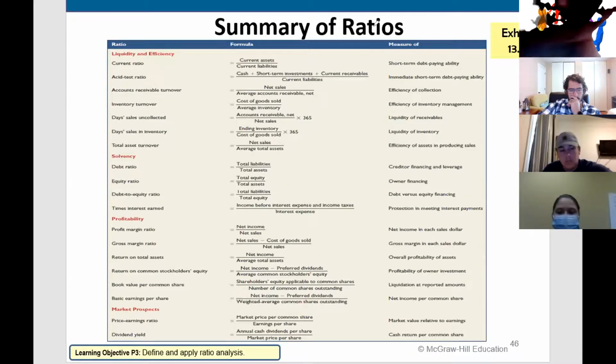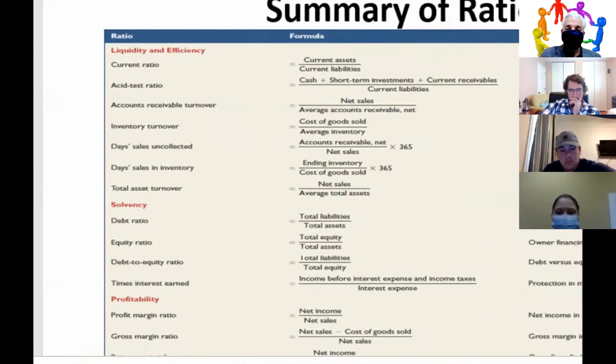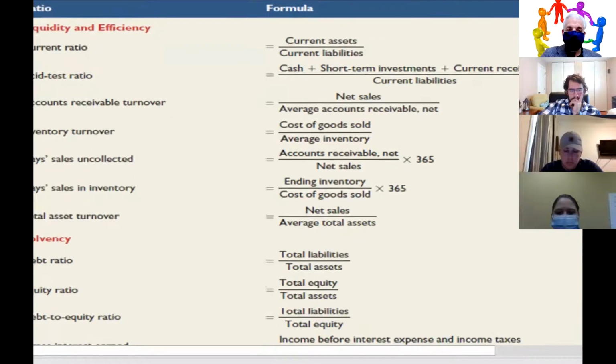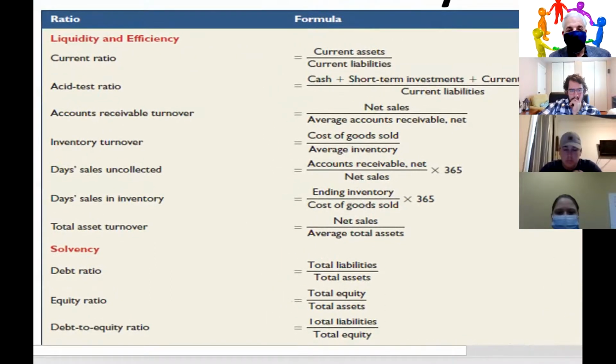So as a summary of the ratios we're looking at, let me expand it up a little bit. So I told you we're not worried too much about some of these ratios. I expect you, and we'll probably see a quiz, if not next class, the class after that, and I expect you to have these ratios top of mind. You're not going to have a lot of time to go, well, let me look it up.